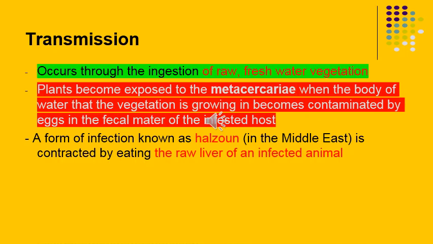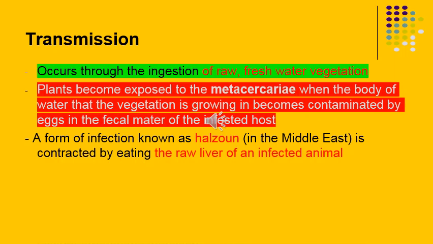And how it can be transmitted to humans or animals. Transmission occurs through the ingestion of raw fresh water and vegetation. Plants become exposed to the metacercariae when the body of water that the vegetation is growing in becomes contaminated by eggs in the fecal matter of the infected host.